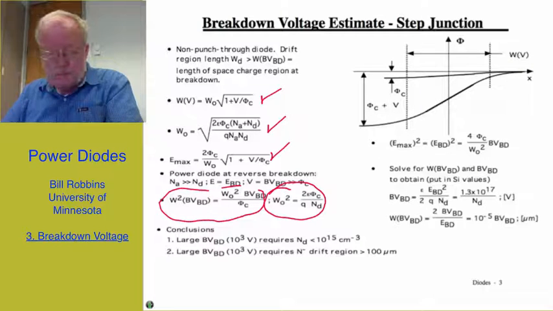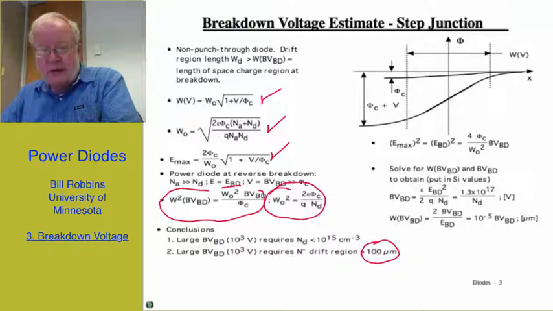The conclusion we come to from these considerations is large breakdown voltages, for example 1000 volts, will require a donor density in the epi layer of 10 to the 15th or less. And simultaneously, it requires that the length of the drift region be on the order of 100 microns.